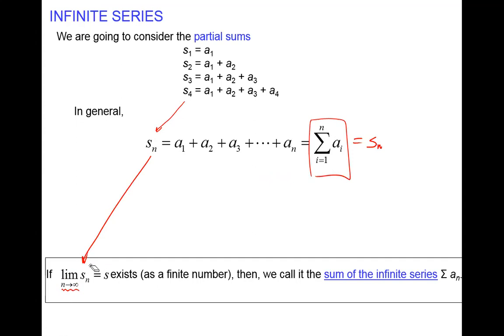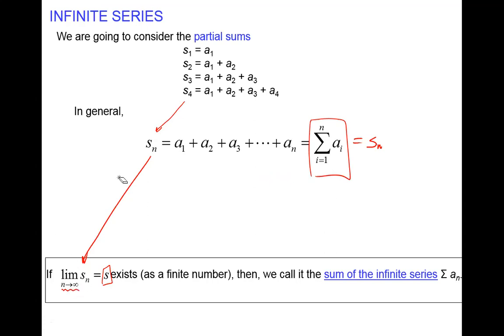If this partial sum at infinity exists as a finite number S, then we will call this the sum of the infinite series a sub n. As we can see, maybe we don't know. So far, we just got the huge number, infinity. But we never know. We know that sometimes expressions at infinity may behave as a finite number, even if we are expanding everything to infinity.